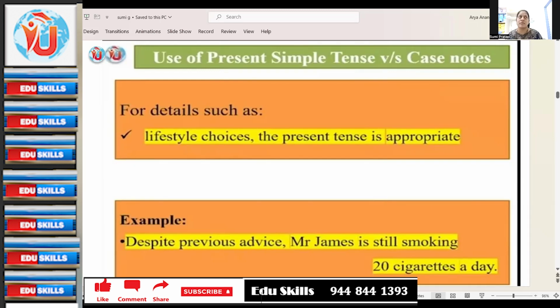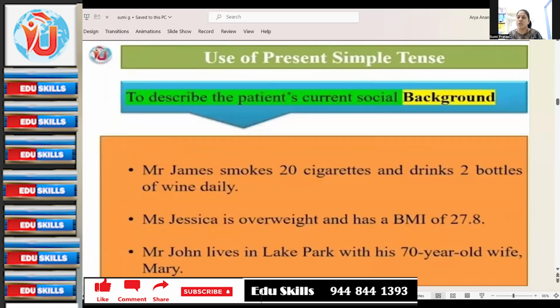Maybe it's drinking every day and smoking every day, this much per day. Whatever context is given in the question paper, we have to write according to that. If they are telling only that the patient smokes, we can say he is still smoking. If they are giving 20 cigarettes a day, that also we have to mention.